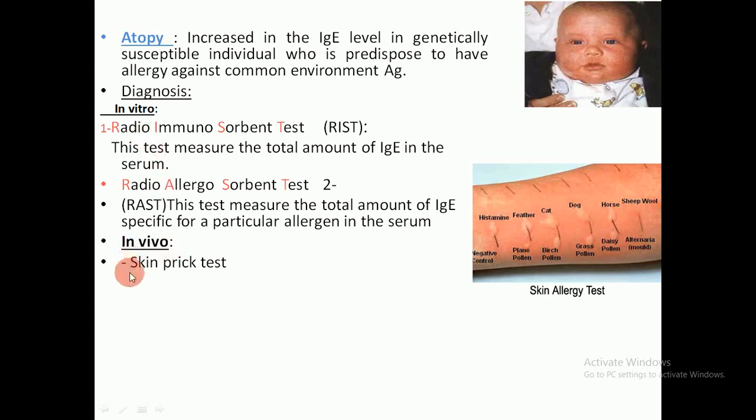Another test, in vivo, is the skin prick test, which is done in a specific institute in Baghdad. In this institute we use the forearm of the patient, the flexor part of the forearm, and using a needle we inject the specific allergen, for example, dog, cat antigen, feather, horse, and egg.